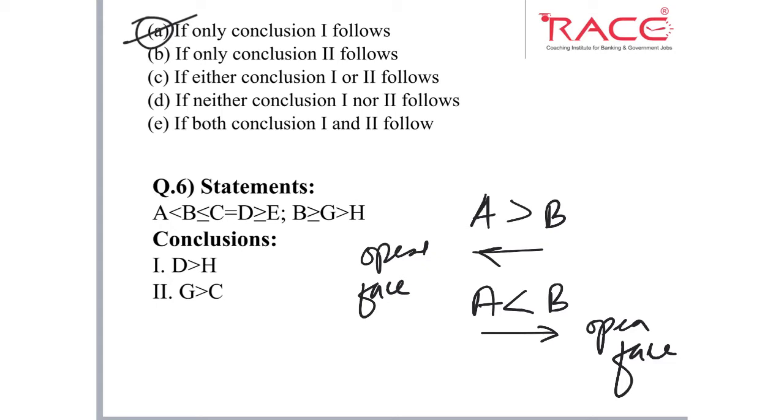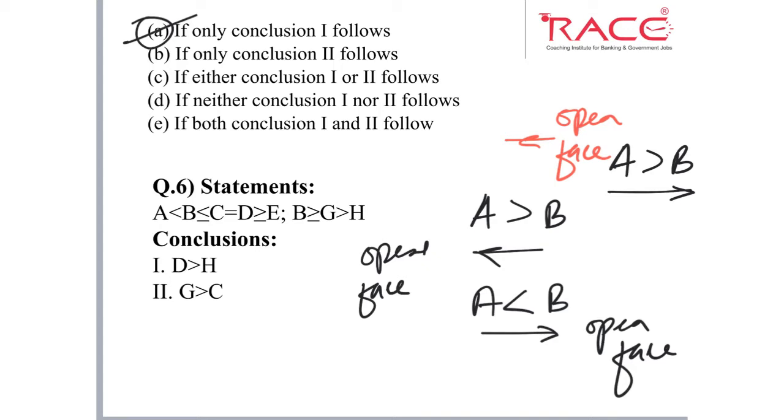If I write A greater than B and we are moving in the reverse direction, this arrow is in the opposite direction to this open face. So this is the direction of the arrow and this is the open face direction. Arrow direction means the direction in which we are moving.